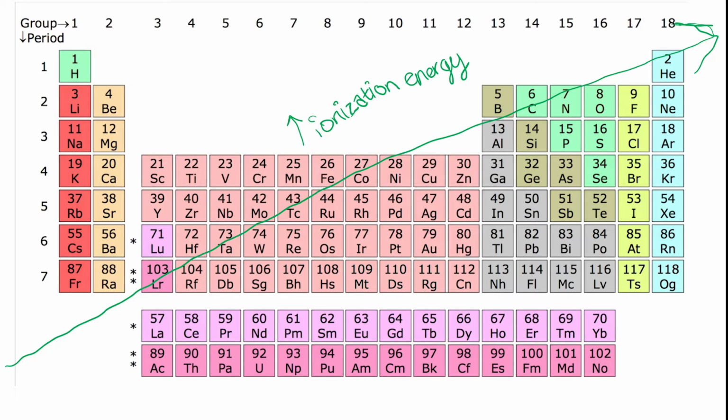And so going back to the whole periodic, meaning it repeats, it's much easier for it to remove 2 electrons and get to stable than to add 6 new electrons to try and get to stable. So the highest ionization energy is on the top right of the periodic table.